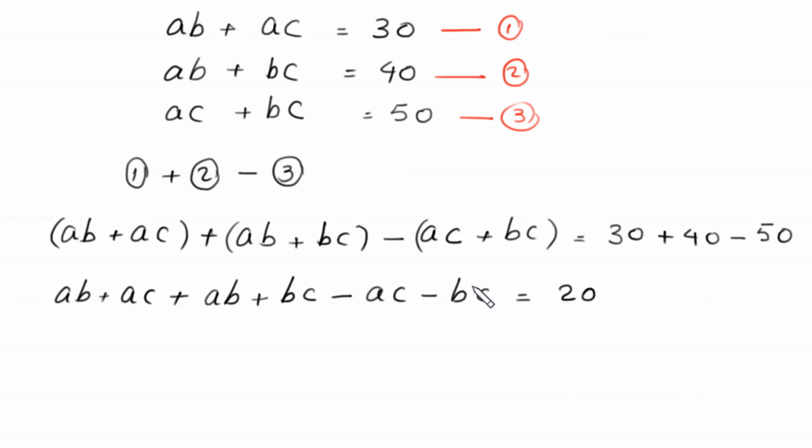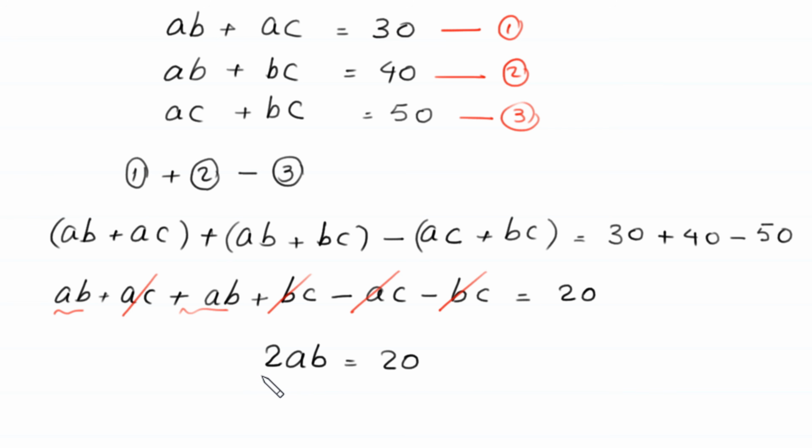Now this negative bc will be cancelled out with this positive bc. This negative ac will be cancelled with this positive ac, and this one time ab plus this one time ab will become 2 times ab is equal to 20.